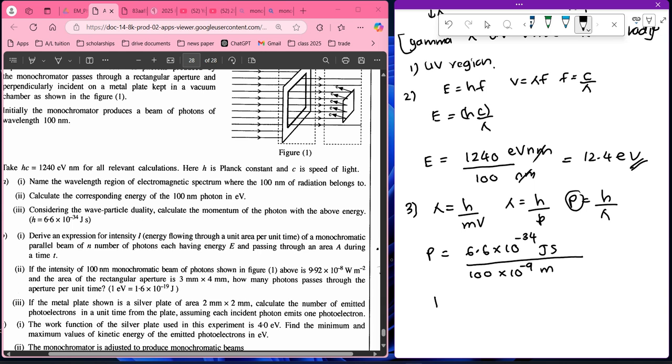So the momentum equals 6.6, 10 to the power 2 cancels off and it becomes 10 to the power minus 7. When it goes up, it becomes 10 to the power minus 27. The unit of momentum you can directly apply, kg m s minus 1.